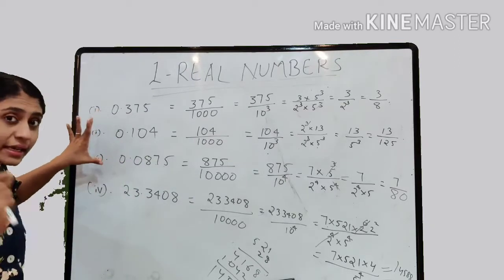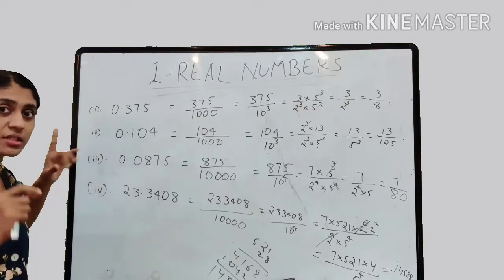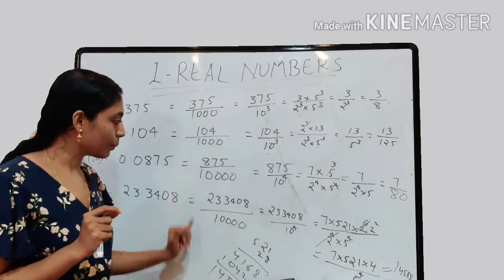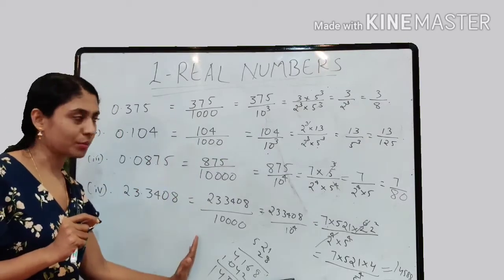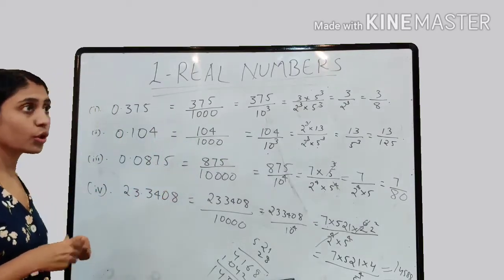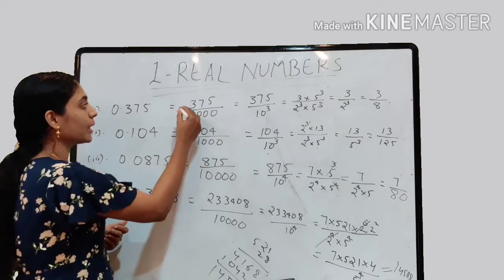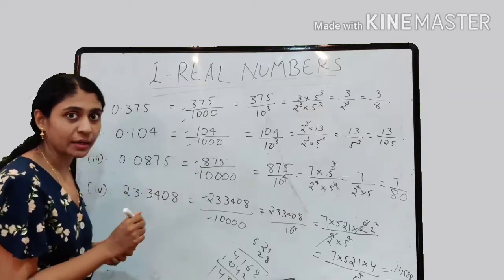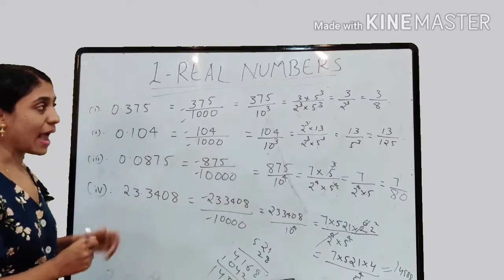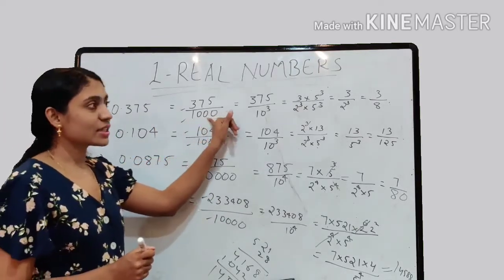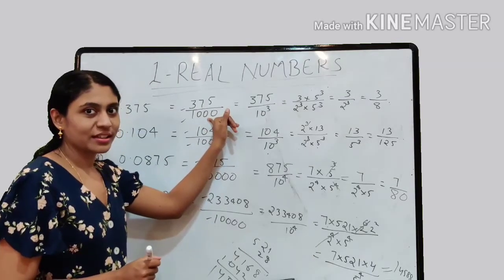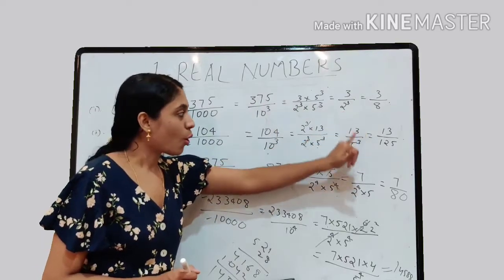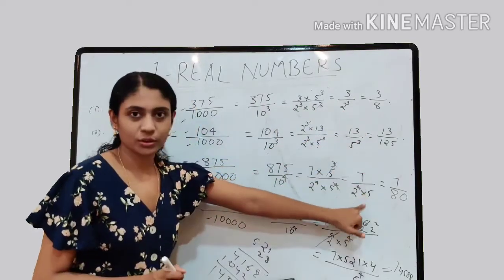So any real number whose decimal expansion terminates can be expressed as a rational number of the form P by Q. These are all P by Q form, right? So P by Q where Q not equal to 0 and both P and Q are co-prime, and the prime factorization of the denominator gives either the powers of 2 or powers of 5 or both.